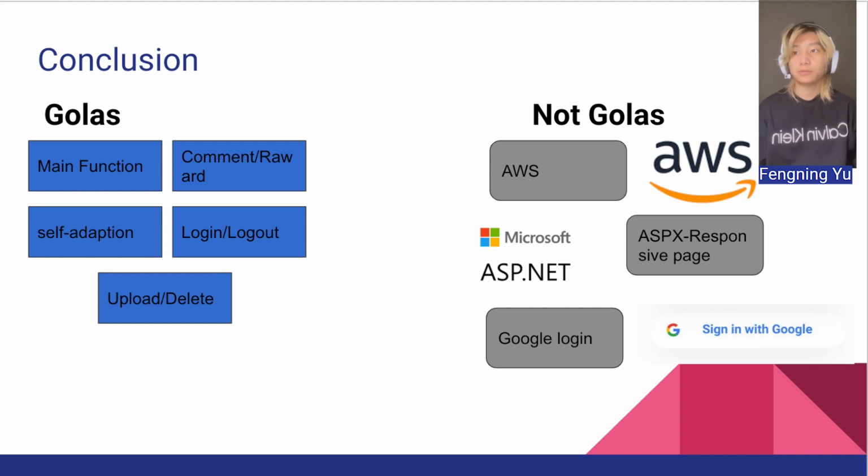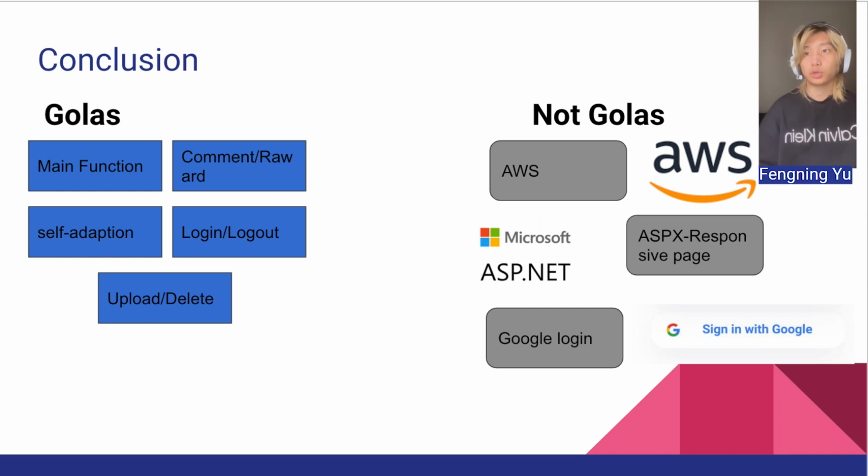Even though we had conflicts about what must be done, we still have some unfinished extended functions, such as the Google login, using AWS to run our program, and the responsive page of ASP.